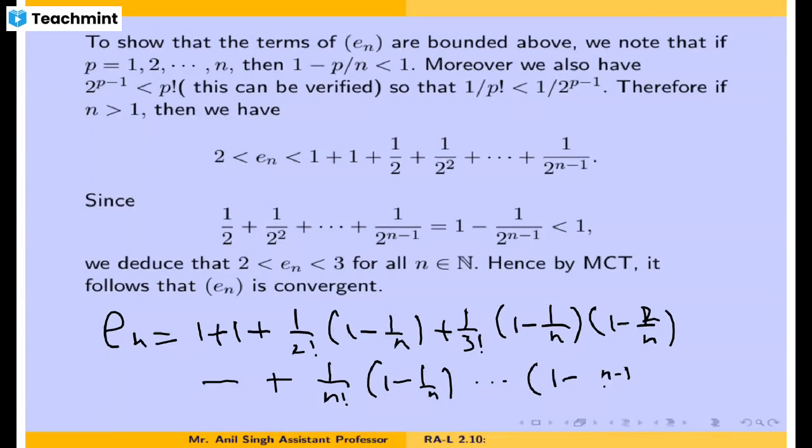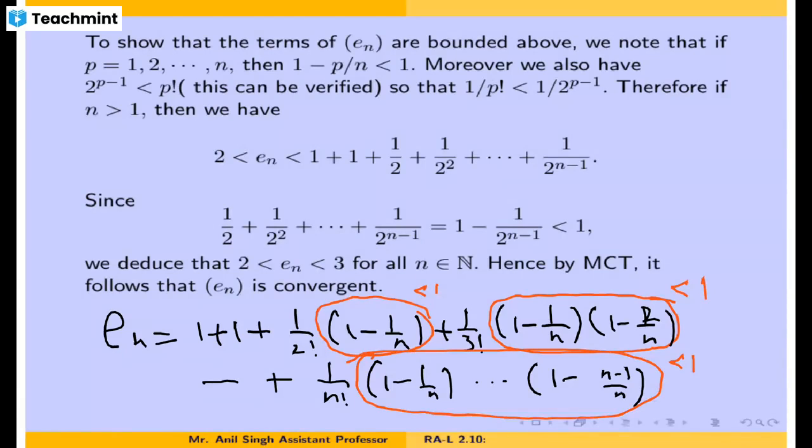If you look at each term in the sum of this E_n, except the first two terms, which are 1 and 1, the other term, that is 1 minus 1 by n, is less than 1. Similarly, in product with 1 by 3 factorial, the term which is there is less than 1, and in each term, this factor is less than 1.